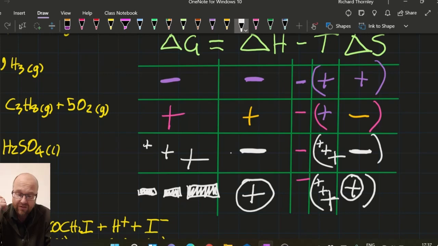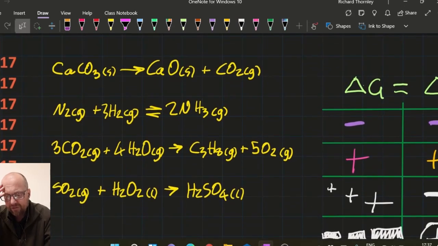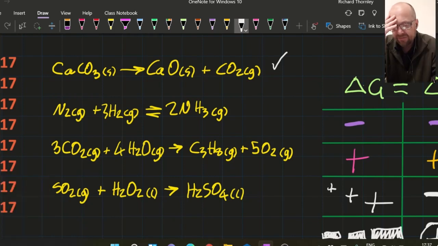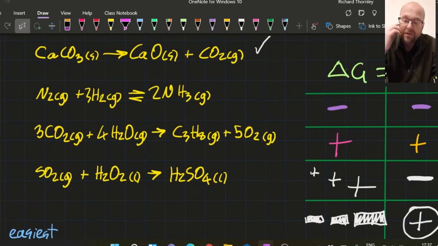Endothermic and increasing entropy. So endothermic is bond breaking. So let's find the bond breaking one. First one is bond breaking. So it could be that. The second one, there's some bond making, some bond breaking. I don't know. The third one is reverse combustion, whatever that is.